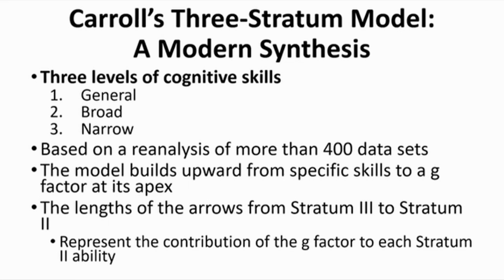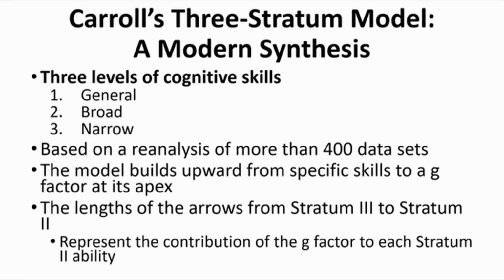And by condensing all of this data, by starting to pull out factors from all of the data that was available, he ended up finding an integrative model of intelligence. It basically combined the elements of Spearman's, Thurstone's, and even Cattell-Horn's models.